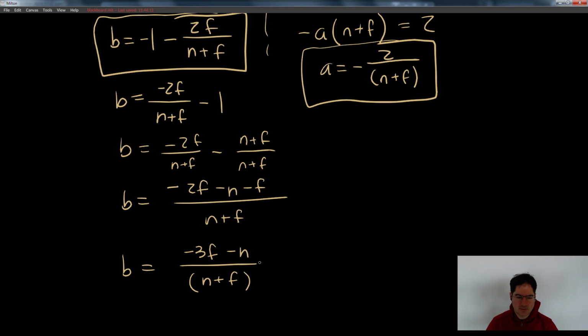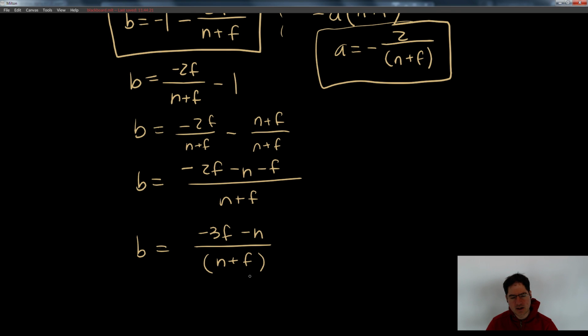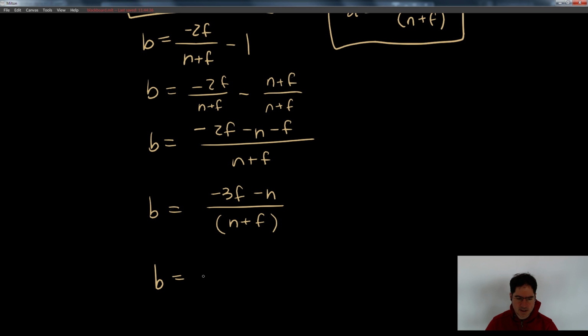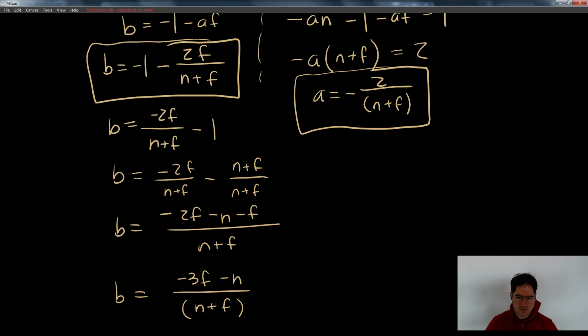I can make both of these in terms of f if I want to, just like that. I can also make them in terms of the n plus f. I'd have to think about if there's any way to do that here. I don't think so, but that's just my math badness. But yeah, so negative 3f plus n over n plus f is what that looks like.